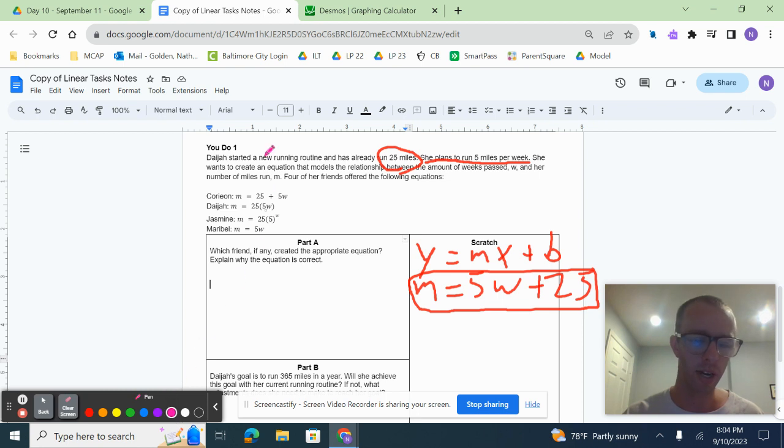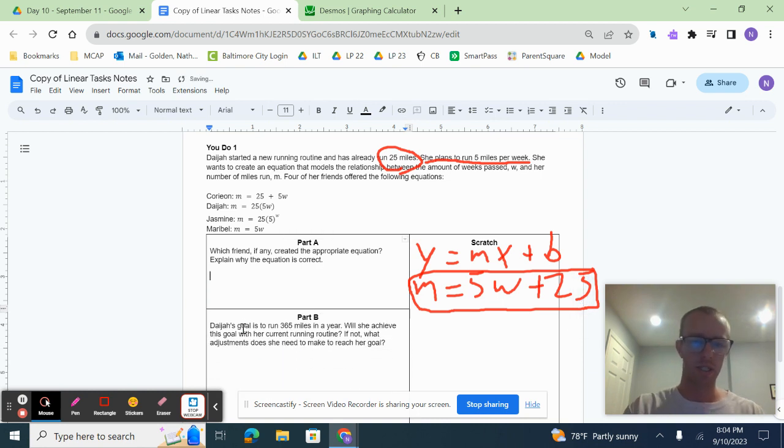Now that I know Corian is correct, I want to make sure I can describe this in my answer. So let's say, all right, Corian made the correct equation. All right, so I just start by answering the question.